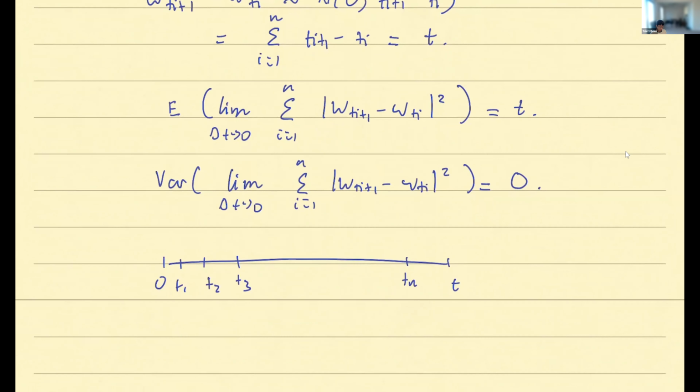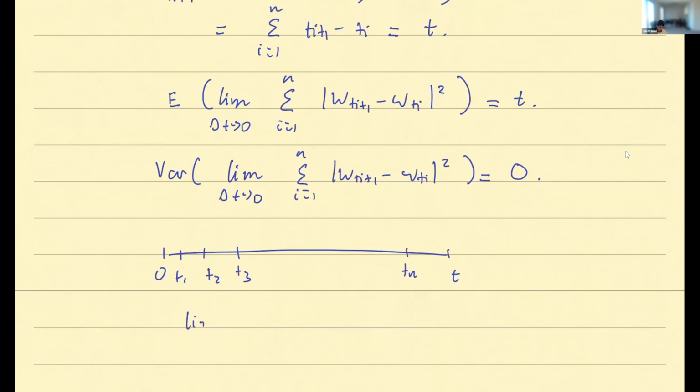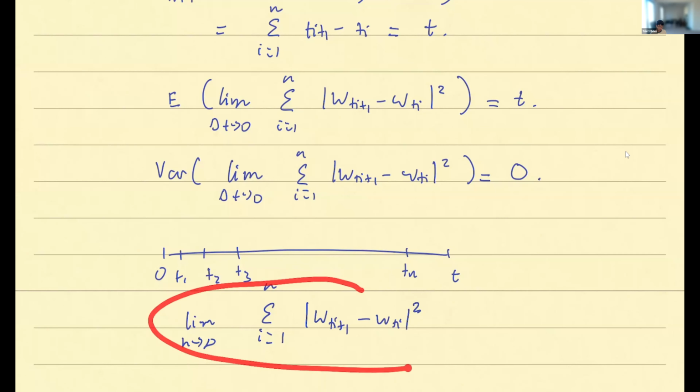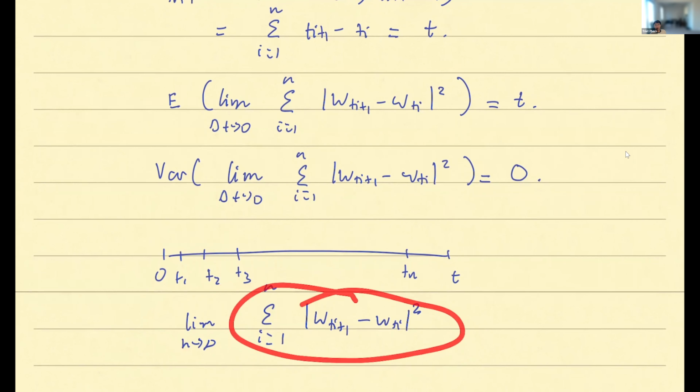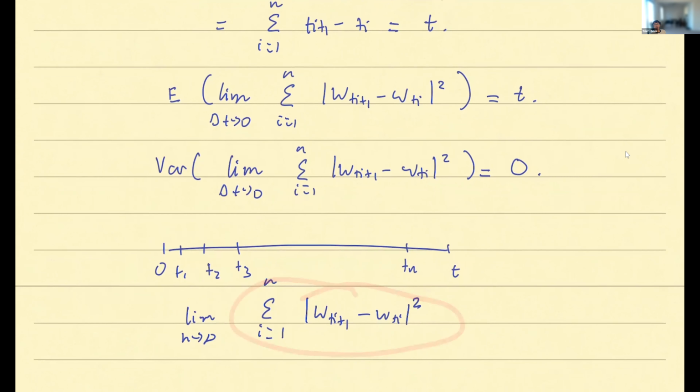So basically, the limit as delta t goes to 0 is the same as the limit as n goes to infinity of a bunch of independent random variables. What context are we in when we sum a lot of independent random variables that are identical?